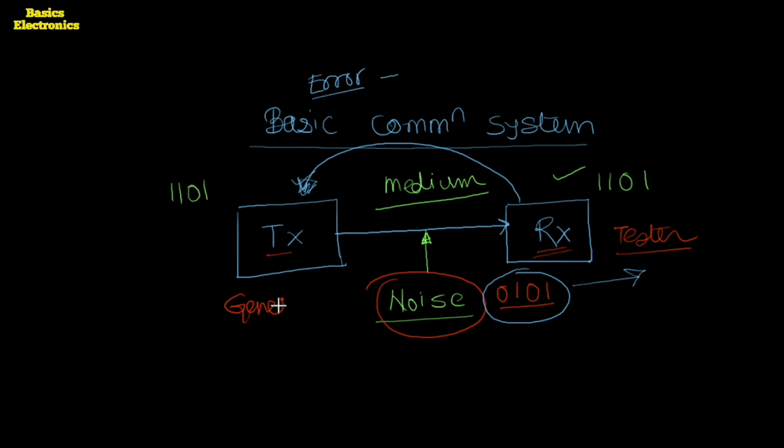When we transmit the data, for example, suppose the data which we have to transmit is 1101, only 4-bit data. We apply the data to the parity generator, according to the number of ones available.